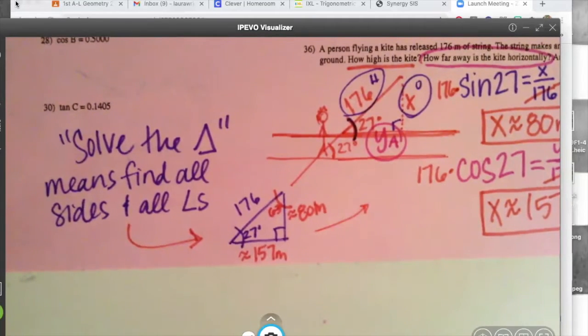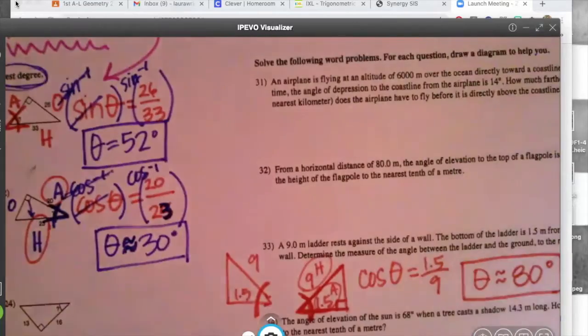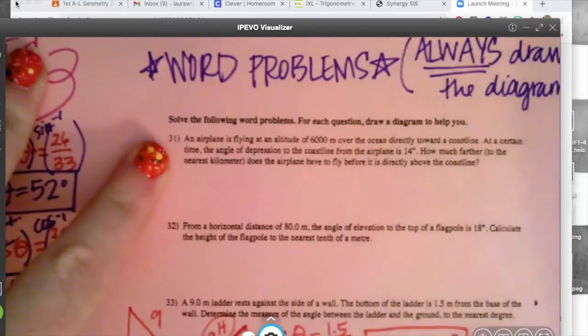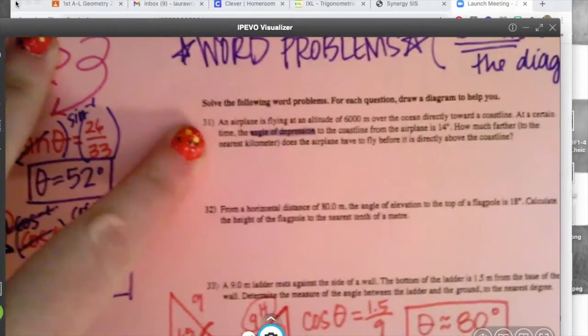Now, some other common terminology that you will need to be aware of for these word problems are angle of elevation and angle of depression. Okay, so 31. An airplane is flying at an altitude of 6,000 meters over the ocean directly toward a coastline. At a certain time, the angle of depression to the coastline is 14 degrees.